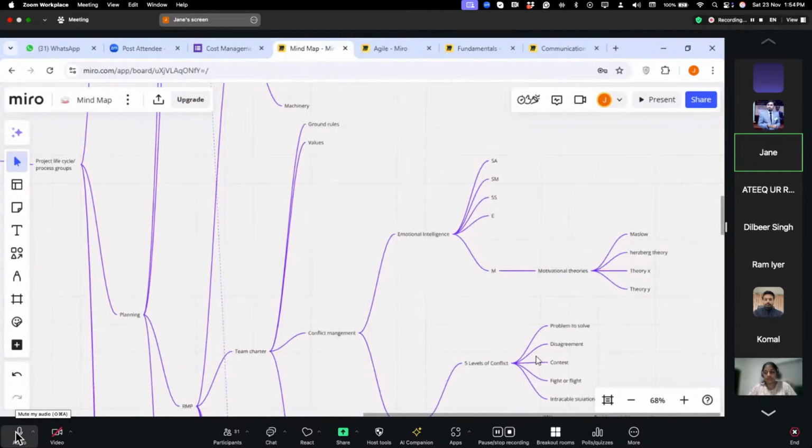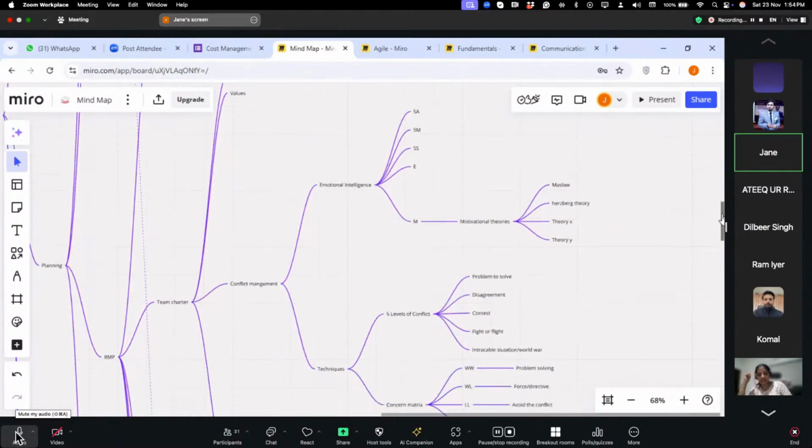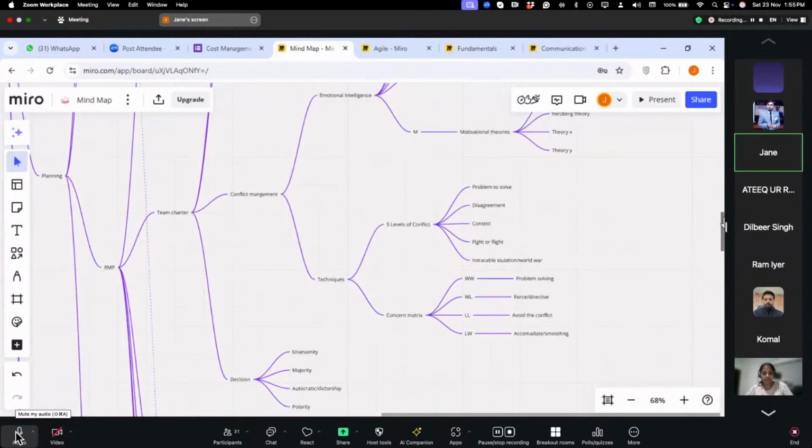And in motivation, we have different theories like Herzberg's theory, Theory X, Theory Y, Maslow, and all these other different theories. And then we have different techniques to handle conflict management. So there are 5 levels of conflict.